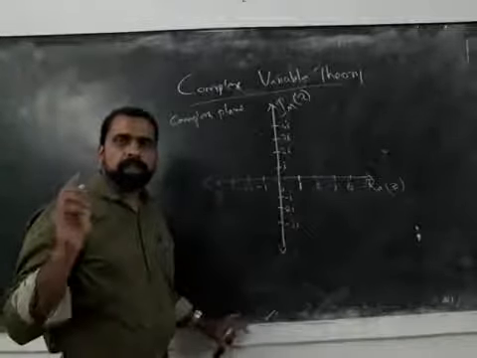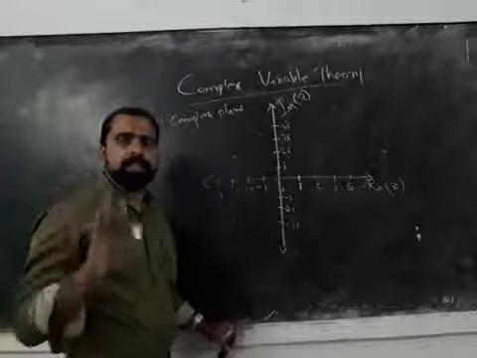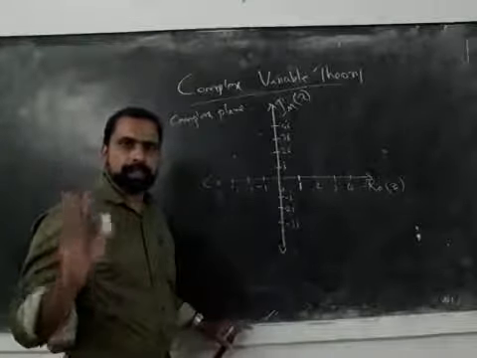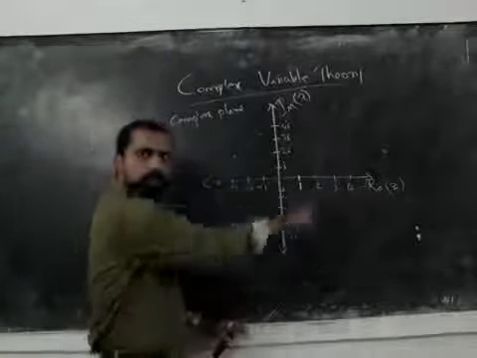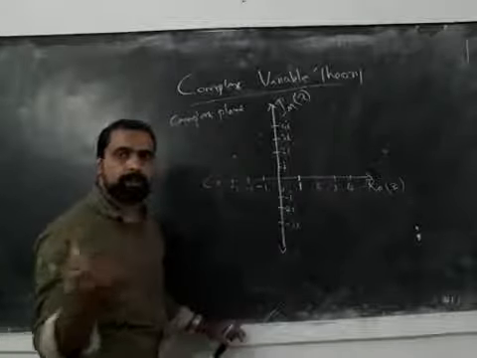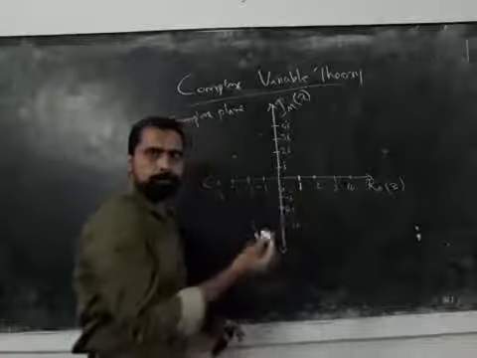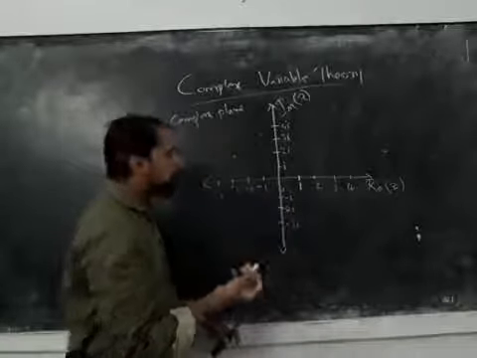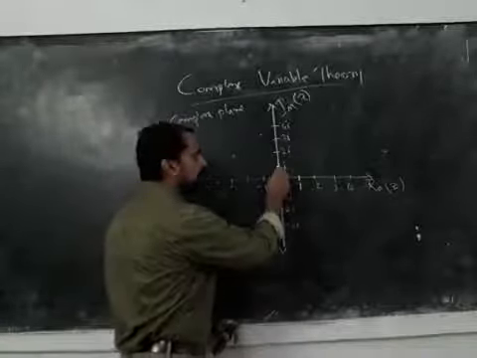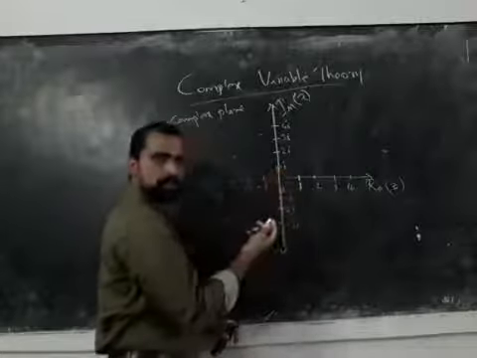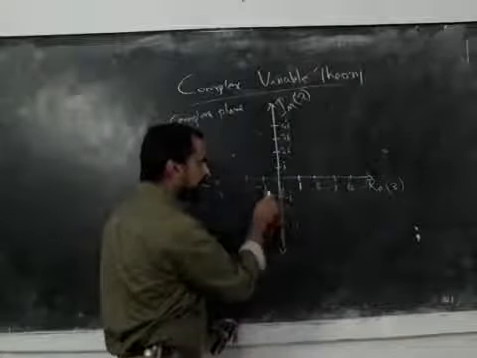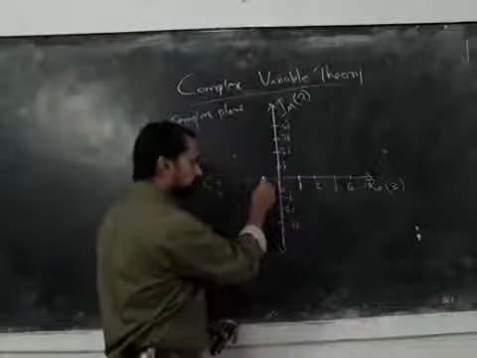If you want to represent any number, whether complex or real, you can do it on this plane. If you have a real number like 2, the point is here. If you have a complex number like i, that is here. Minus i is here, or minus 1 will be here.